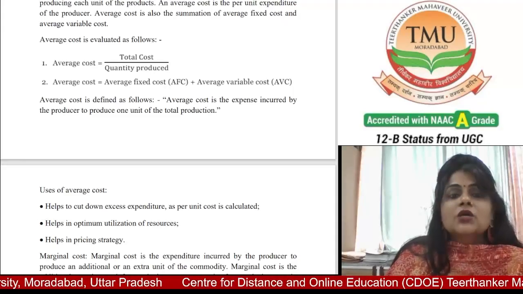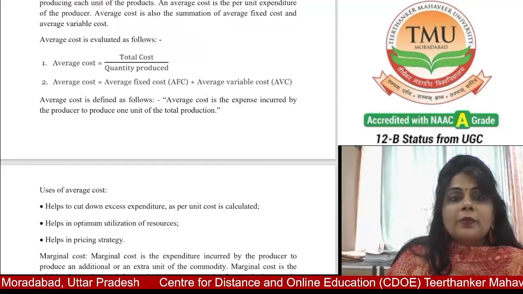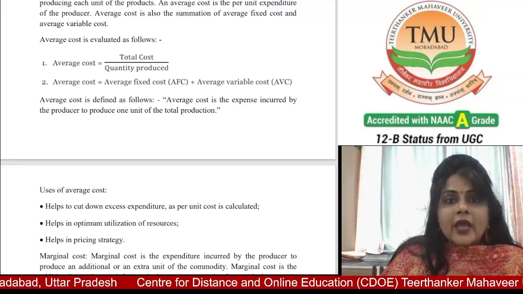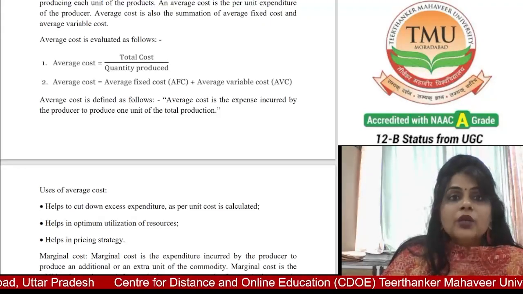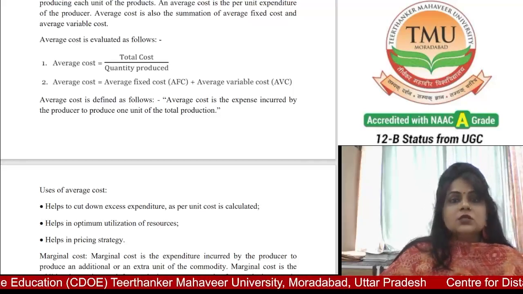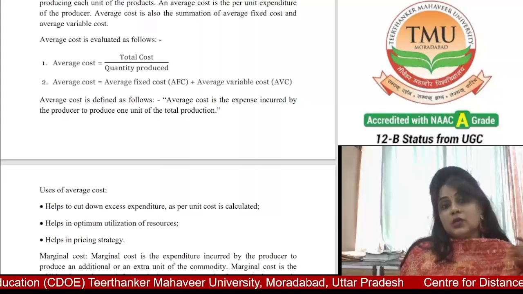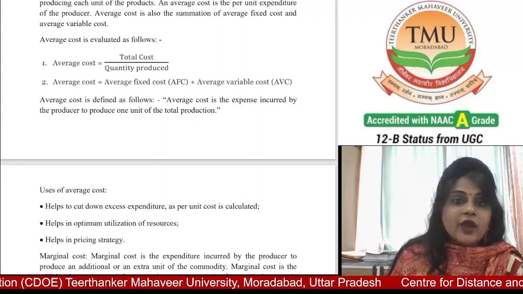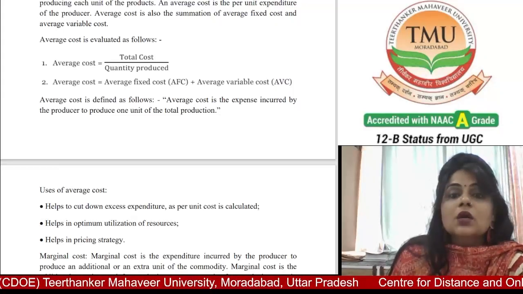So, the average cost is the expense incurred by the producer to produce one unit of the total production. So, in simple terms, we can say that average cost refers to the per unit cost of production, which is calculated by dividing the total cost of production by the total number of units produced.